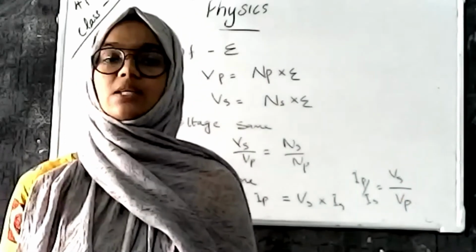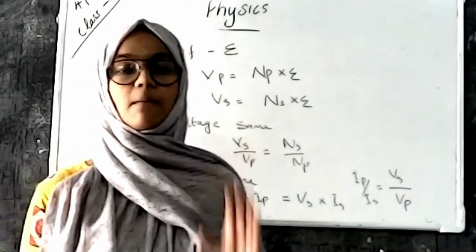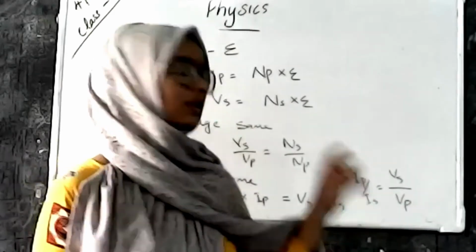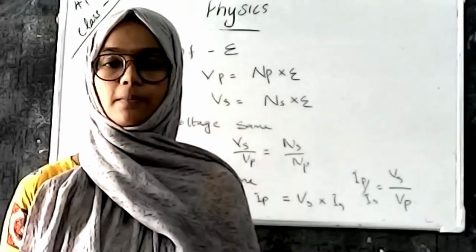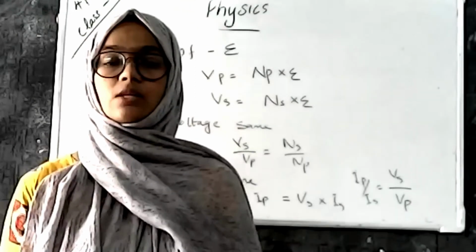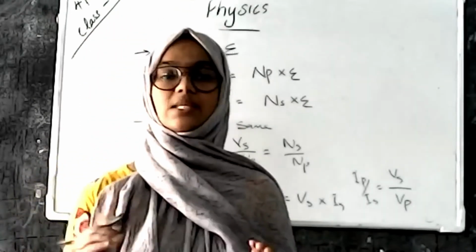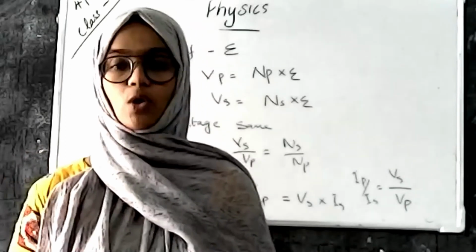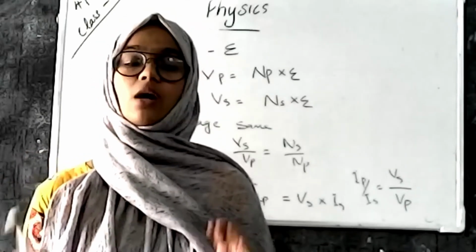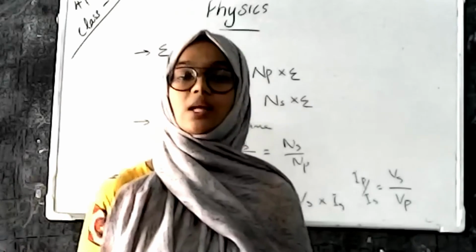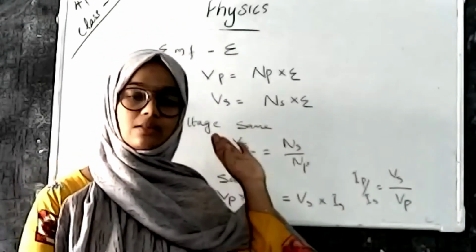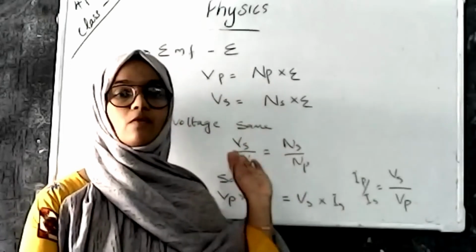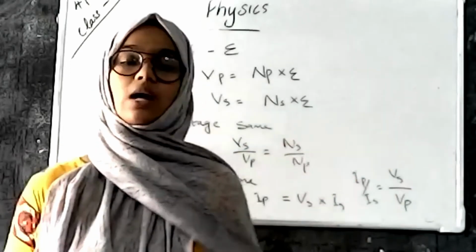So now we are discussing the voltage, the EMF, electric power and the number of turns of a transformer. A transformer increases or decreases the AC voltage without changing the electric power. So a transformer has EMF, voltage and current.